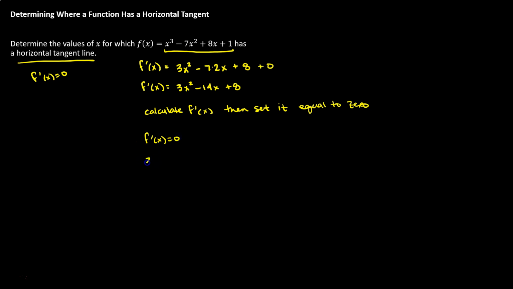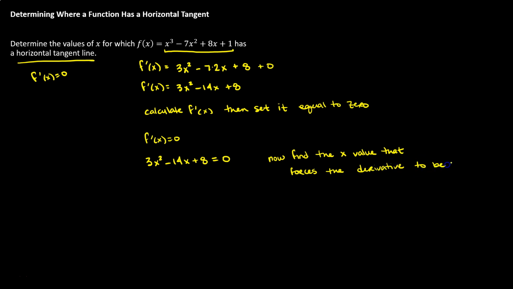F prime for this problem was 3x squared minus 14x plus 8, and if we set that equal to 0, that will allow us to find the x value that forces the derivative to be equal to 0. So solving this equation for x, we can find the x value that forces the derivative to be 0.